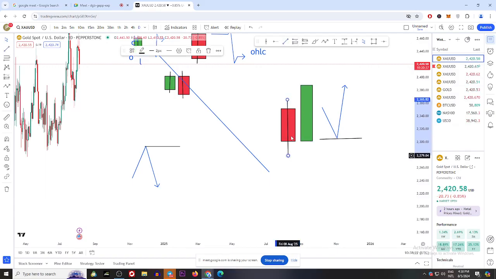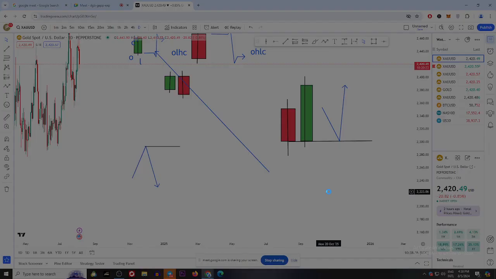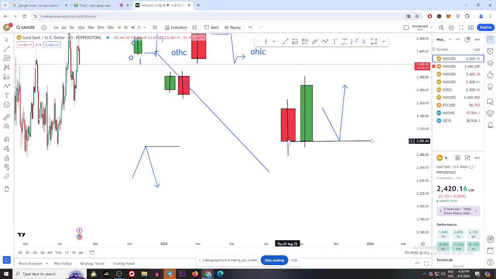Now the second part. Whenever we draw a level or V level, every time we are going to have a wick, or shadow, whatever we call it. The line we draw here, we will draw from the close of the first candle. So in these two candles, which one is the first candle? Basically this one is the first candle, right? So we are going to draw the line at the closing of this candle.